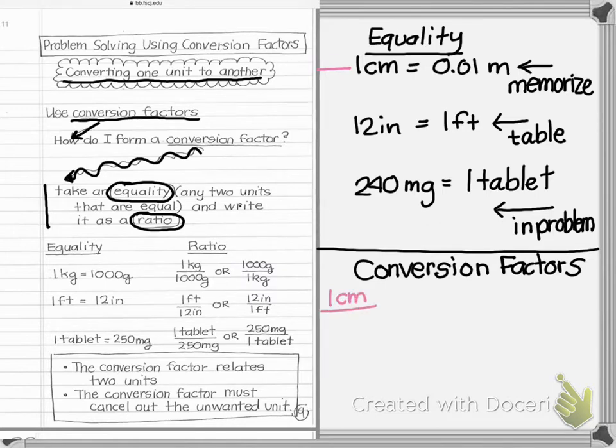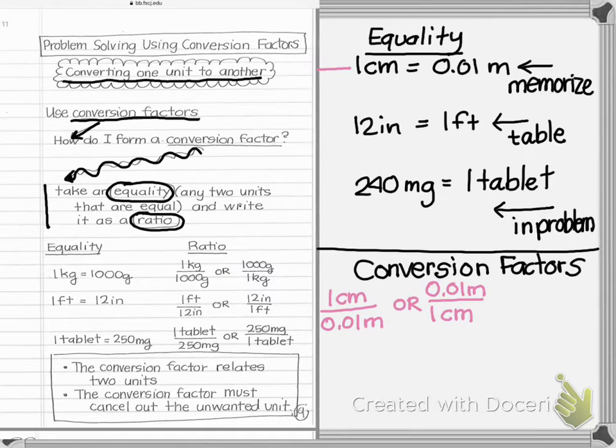I could write 1 centimeter over 0.01 meters. Or, depending on what my problem is, and I won't know till I have a problem, I could put the 0.01 meters on the top and the 1 centimeter on the bottom. And that's a conversion factor. So when I say I need a conversion factor, I just use the equality that I had memorized.